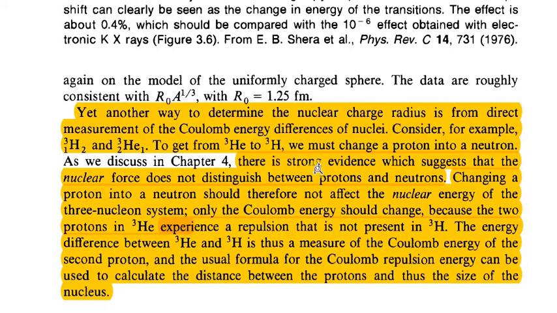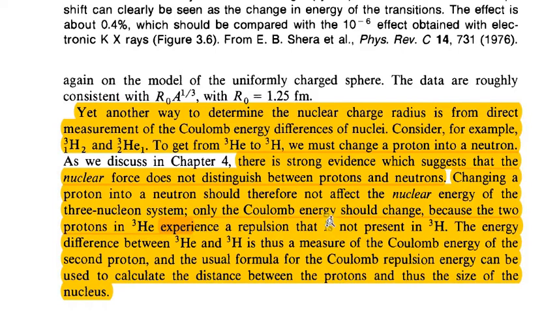There is strong evidence which suggests that the nuclear force does not distinguish between protons and neutrons. Both particles can feel the same nuclear force. Changing a proton into a neutron should therefore not affect the nuclear energy of the three nucleon system.